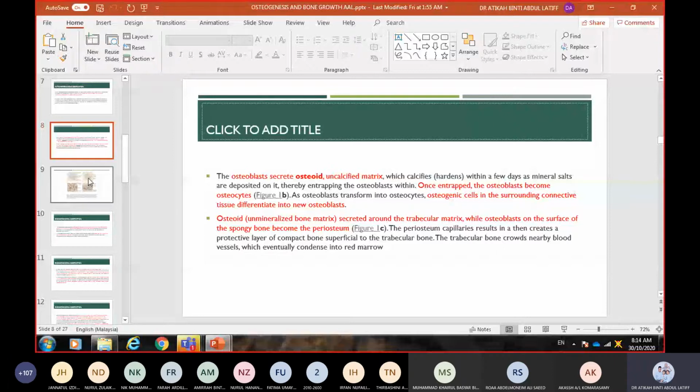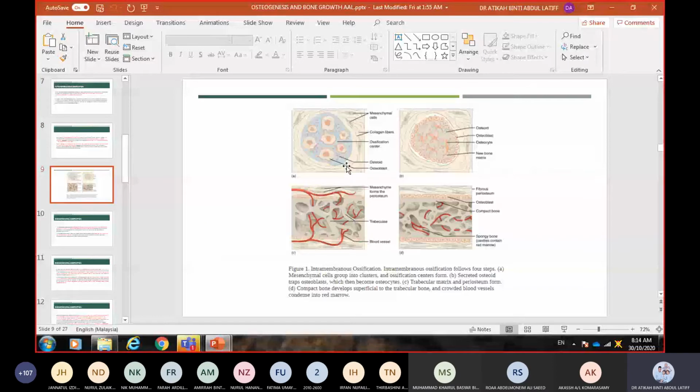Okay, so just to show you here, there are about 4 steps. The first part is the osteoblasts will gather in the center, and secrete uncalcified bony matrix. Then the calcium will come in and calcify this bony matrix, and the osteoblasts become trapped in the center.